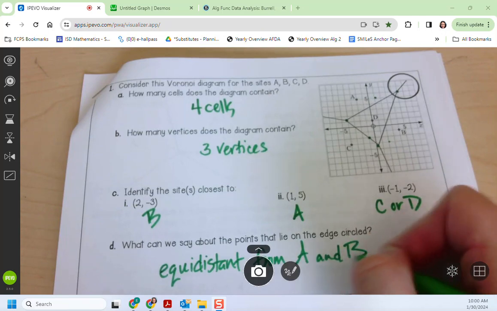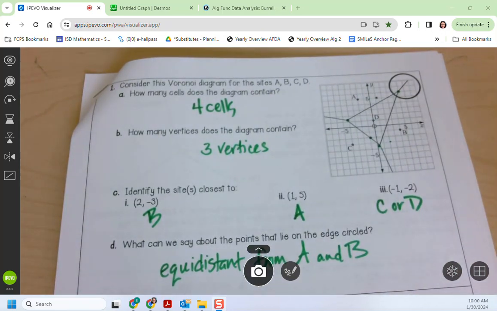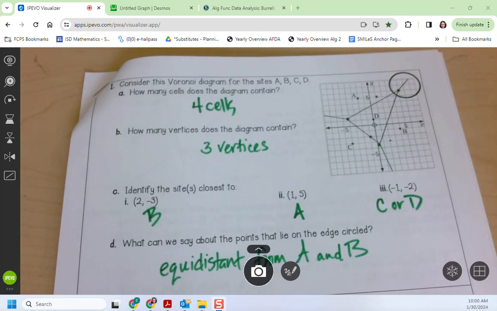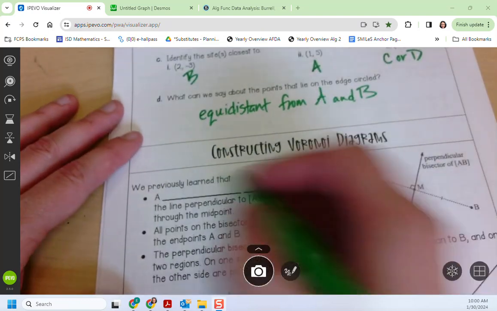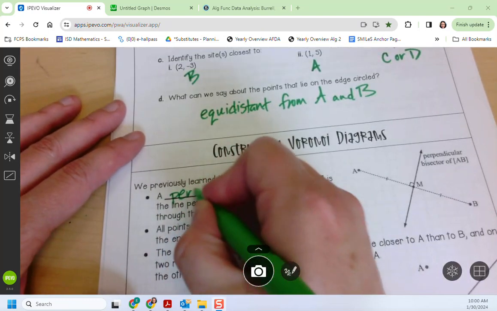All right, and now we're going to be talking about perpendicular bisectors. So if you were here last class and you practiced parallel and perpendicular lines, then that's where this comes in. All right, so in geometry class, we learned about the perpendicular bisector.